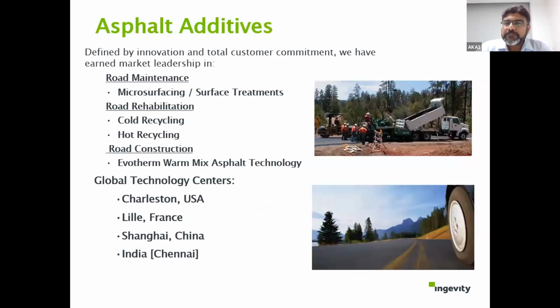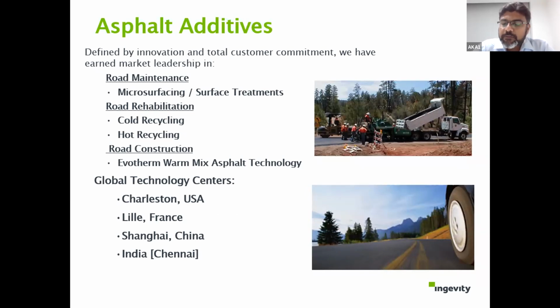To give you a simple snapshot of what we do, we cater to various applications, typically from maintenance to new constructions as well as rehabilitation. In rehabilitation, we cover both cold recycling and hot recycling, and in new road construction, greenfield projects, and environmental projects such as warm mix asphalts.